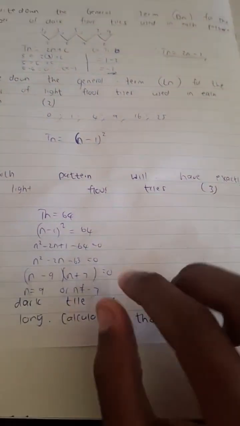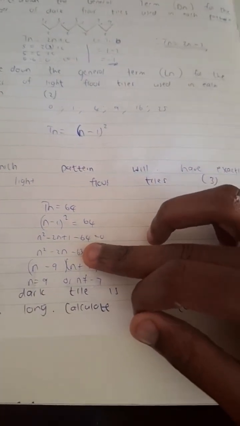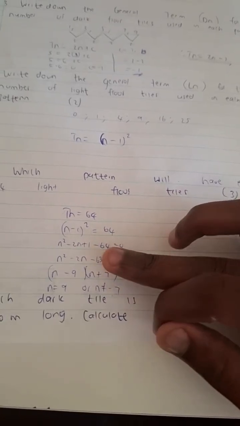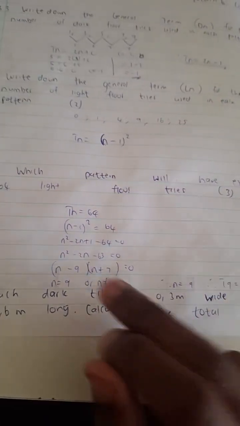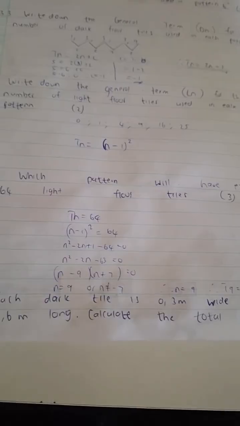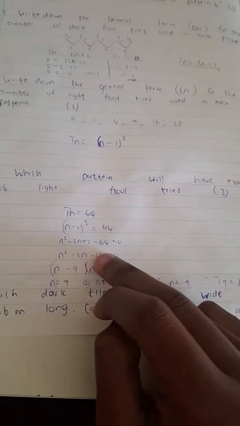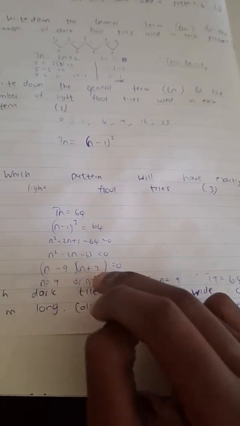Yeah, remember, when you factorize, you ask yourself which factors of 63, when you multiply them, will give you 63, and when you add them, give you -2. So I have 9 and 7 because I know my multiplication tables. When I add these two together, -9 and 7, I get -2.